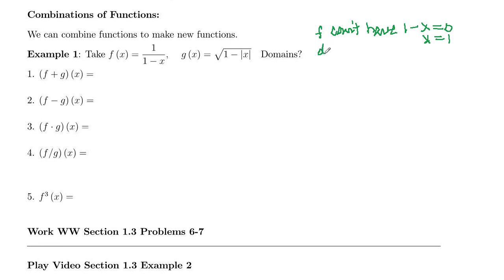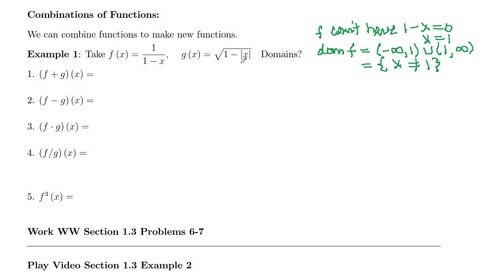So that means that our domain of f is going to be in intervals. We could do negative infinity to 1 union 1 to infinity. Or if you want, that's the same as the set of all the x values that are not equal to 1.